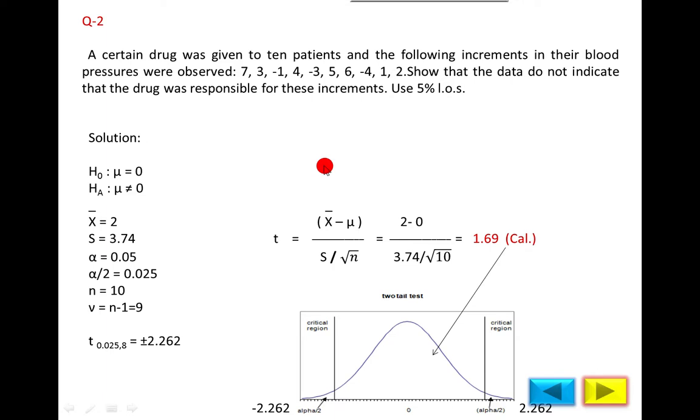Suppose you collect the blood pressure of the patient before the tablet, say 120, and after the drug, the same 120. So this indicates there is no change. The change may depend on other factors. So, show that the data do not indicate that the drug was responsible.